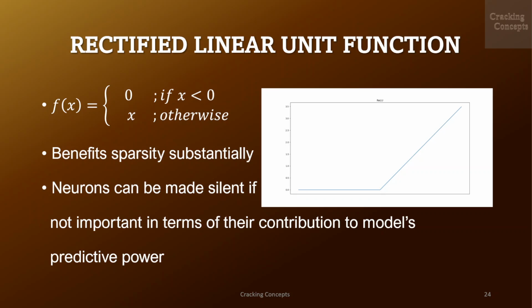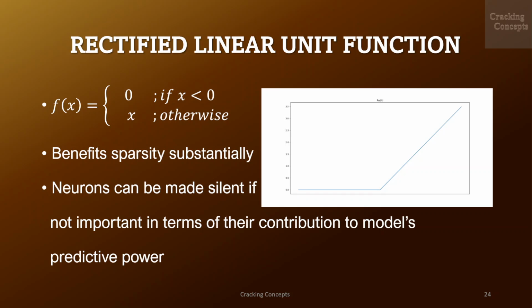It looks as shown in the figure, which is represented mathematically as f of x giving 0 when x is less than 0 and x otherwise. That is, it produces a 0 output for all inputs smaller than 0 and x for all other inputs. Hence, for all inputs less than or equal to 0, it produces 0 outputs.